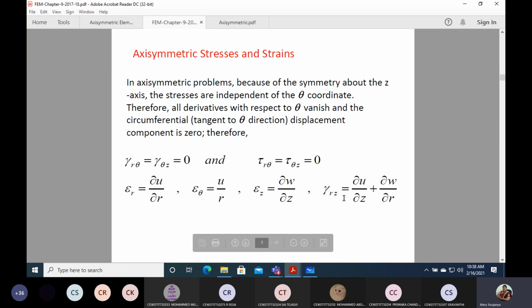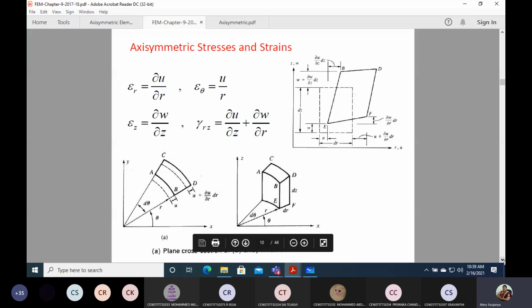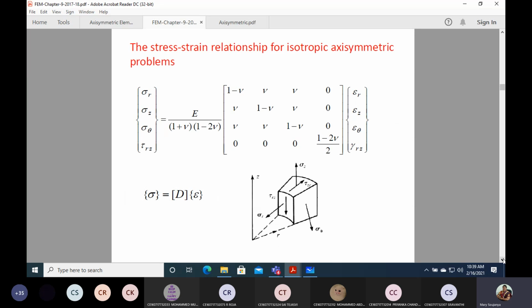There is going to be only one shear strain, that is with respect to the plane rz; the plane r theta or the plane theta z are eliminated because it is independent in that direction. So taking that into account, we have seen the values of epsilon r.